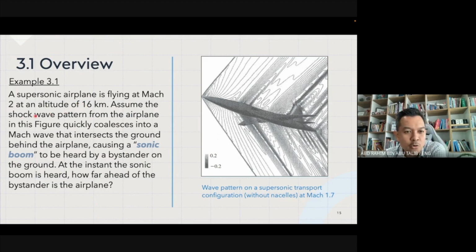Assume the shock wave pattern from the airplane quickly coalesces into a Mach wave that intersects the ground behind the airplane, causing a sonic boom. So this is no longer at 90 degrees to the free stream. It is at an angle, where a sonic boom is heard by a bystander on the ground. At the instant the sonic boom is heard, you have to calculate how far ahead of the bystander the airplane is.